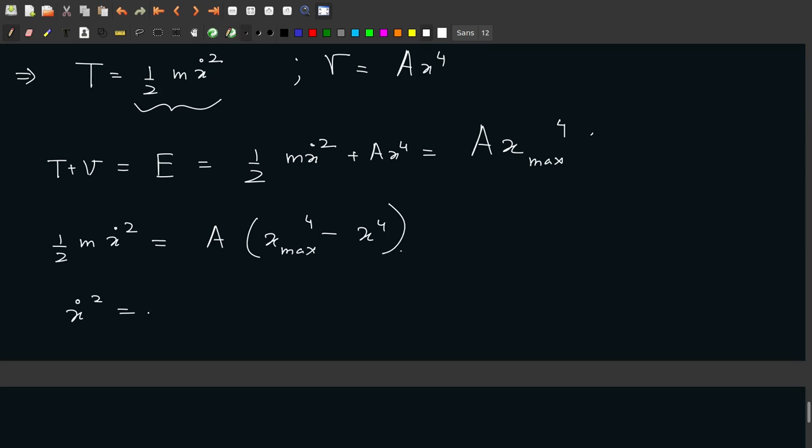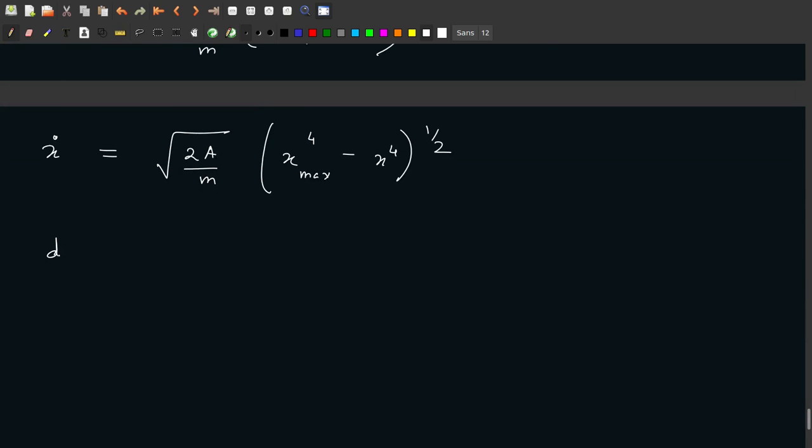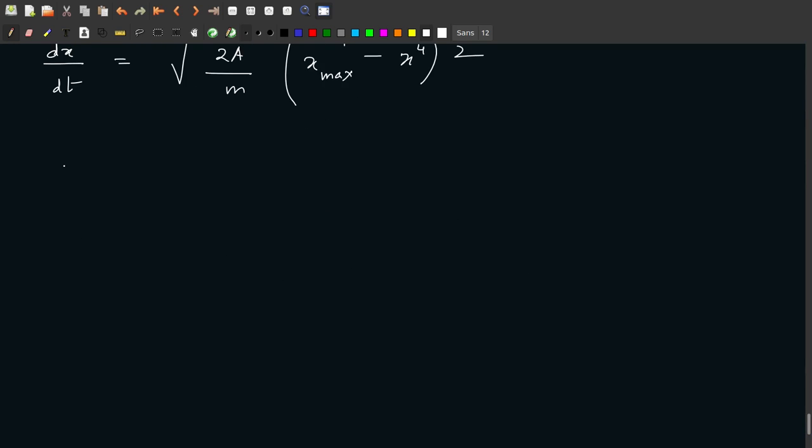So your x dot square is equal to twice a by m into x max to the power 4 minus x to the power 4, and so your x dot is equal to root over of twice a by m into x max to the power 4 minus x to the power 4, to the power half.